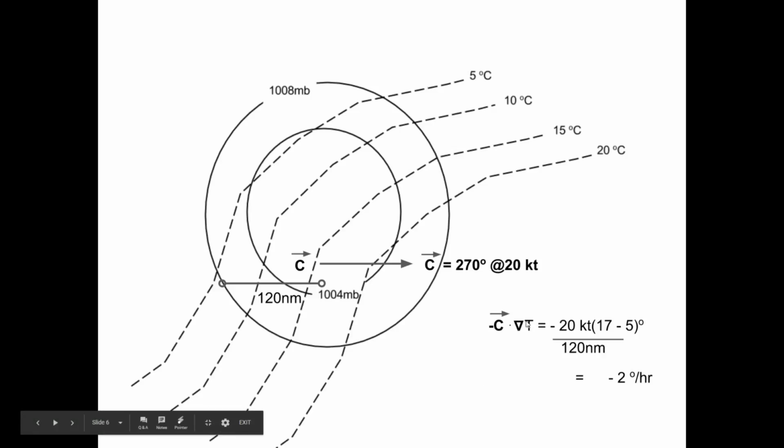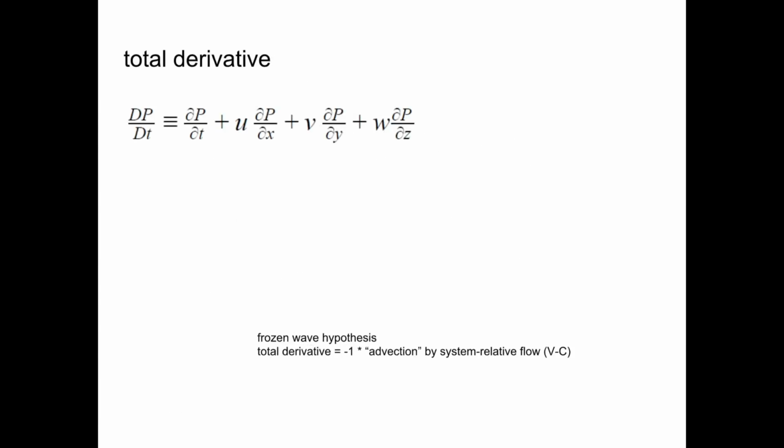So the idea is to use this pretend advection by the system motion in place of the local time derivative in places where we need to do this for calculations. And that's usually helping us to estimate the total derivative.